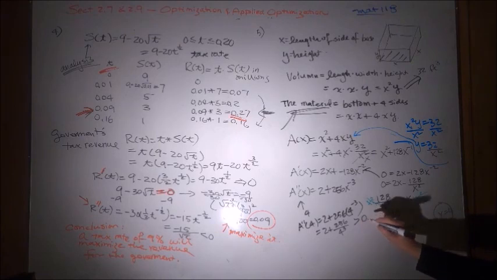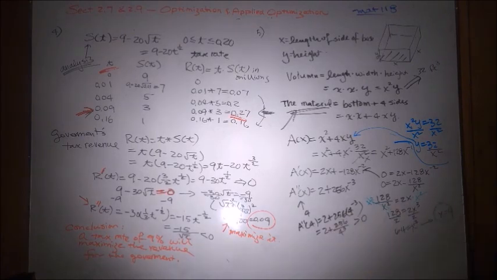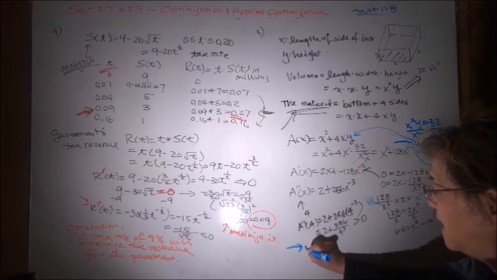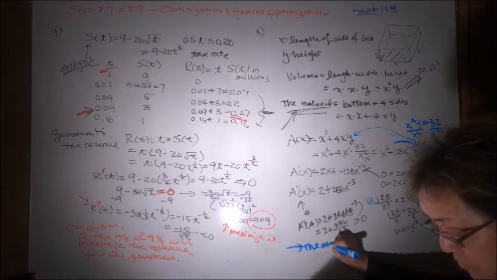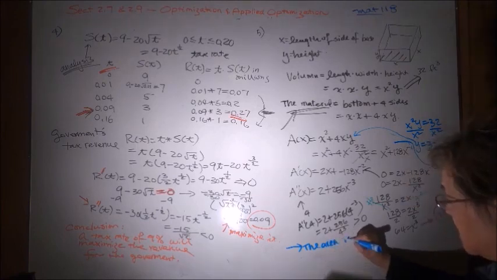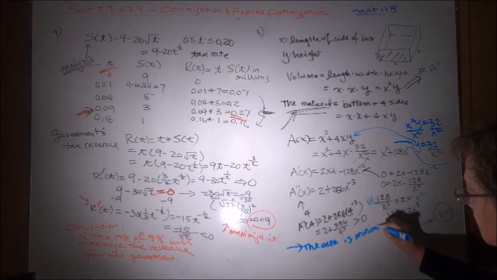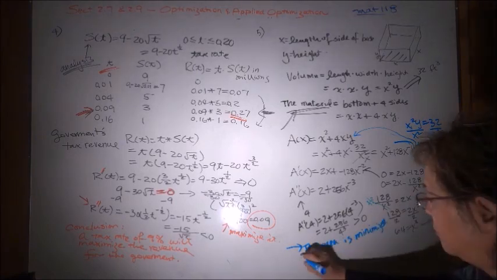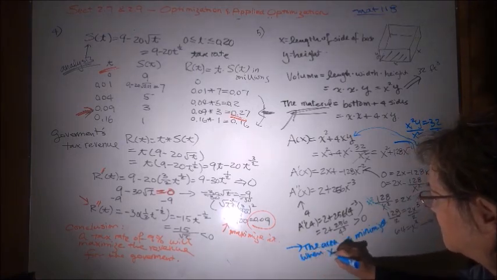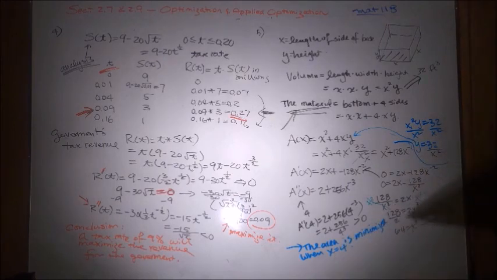This one is bigger than 0. This is all positive. So it means what? It means the area, the material we use, is minimized when x is 4. Right? So here is 4 feet.